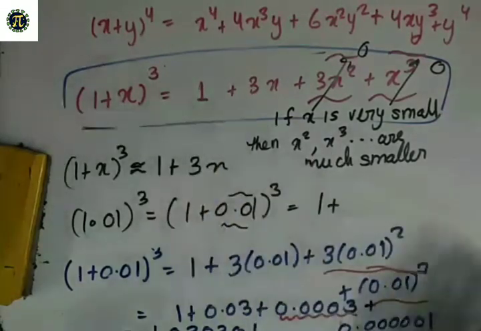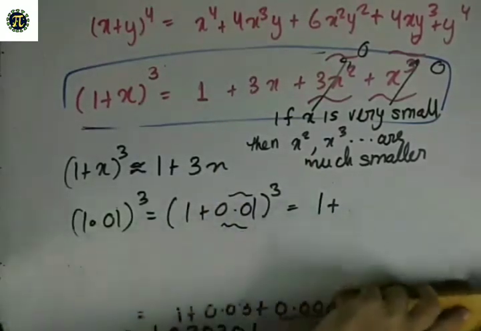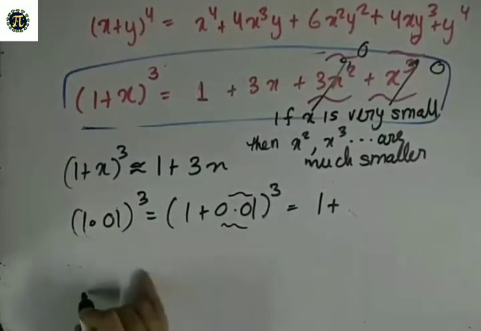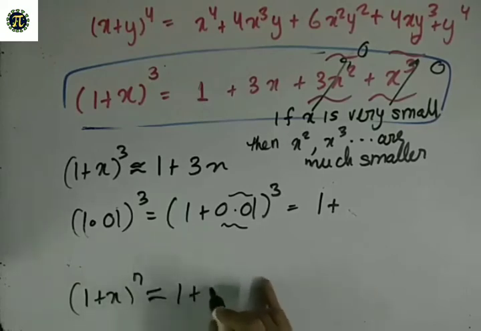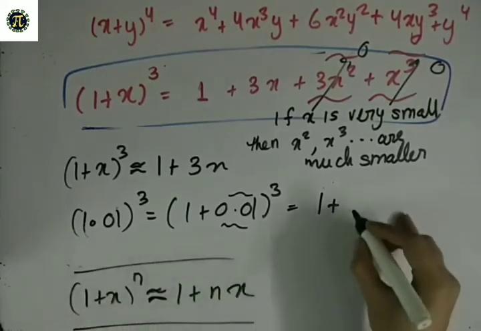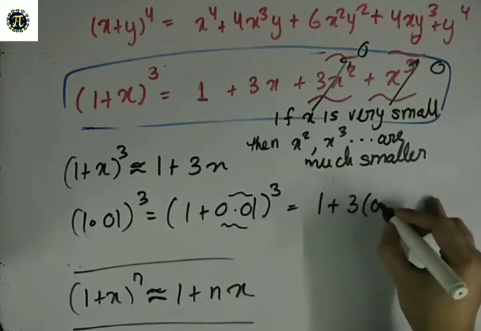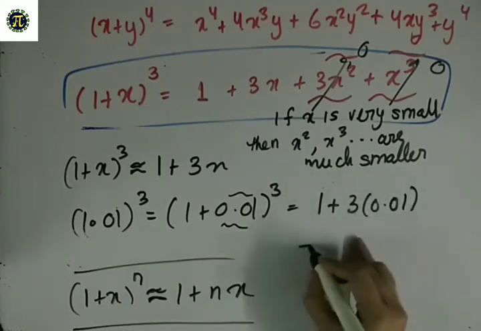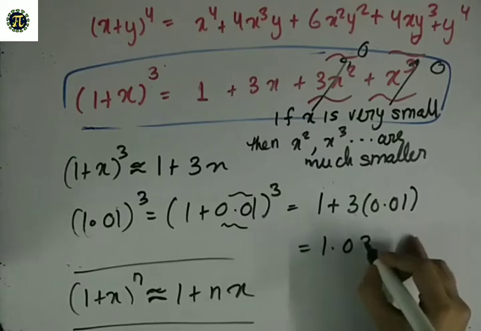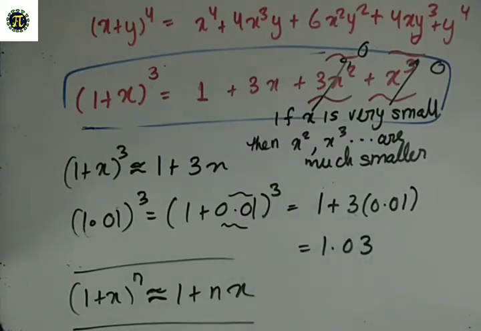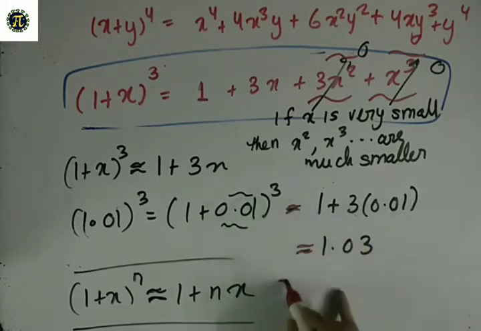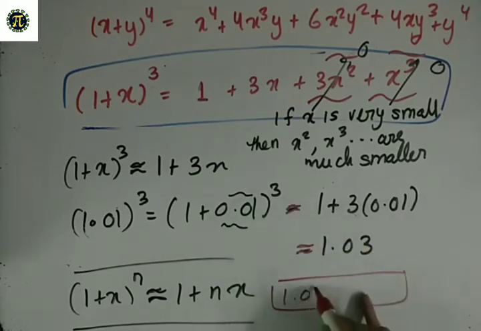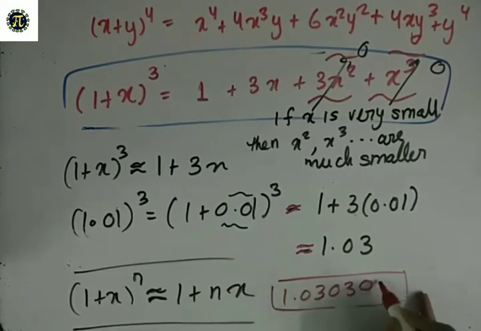So it is the binomial approximation: 1 plus x to the power n is approximately equal to 1 plus nx. So let's write it down, 1 plus 0.03, and that is 1.03. Okay, that's a very good answer given that the exact answer was 1.030301.